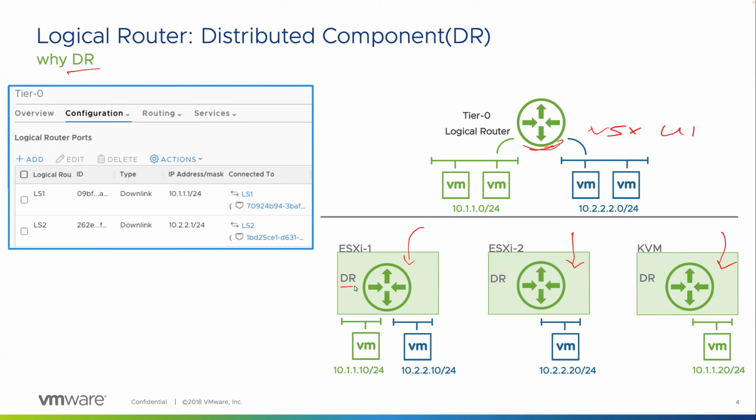That means we have a DR, a distributed router. The same function components are distributed to every transport node.